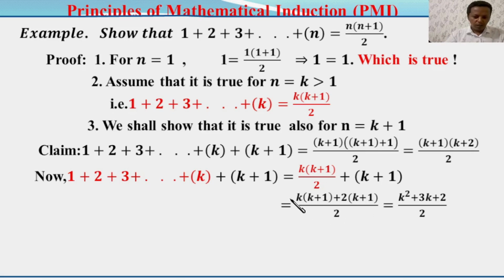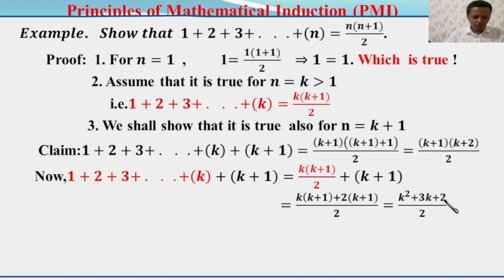Again, k squared, k plus 2k, that is what? 3k. And the constant term, that is 2. So k squared plus 3k plus 2, this quadratic expression is the product of (k plus 1) and (k plus 2).